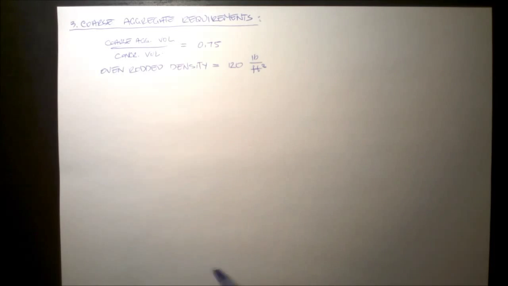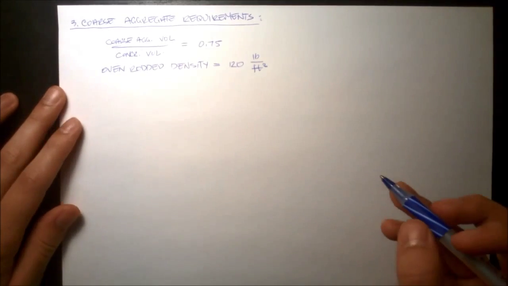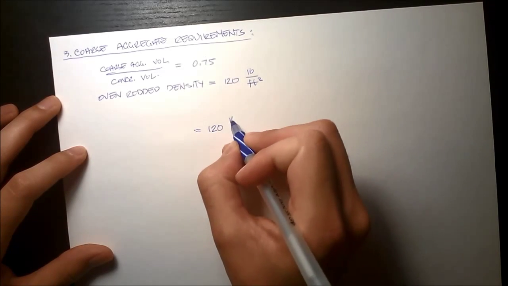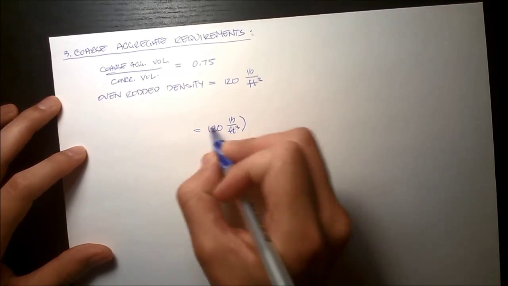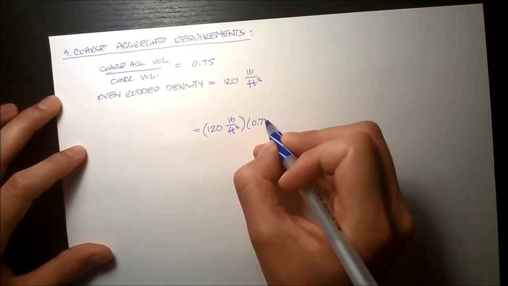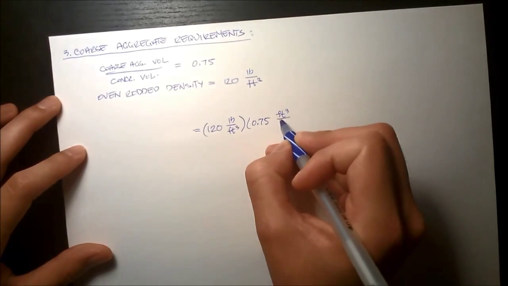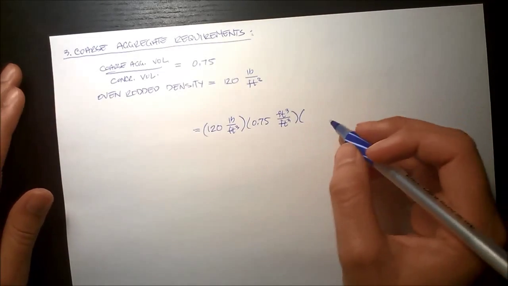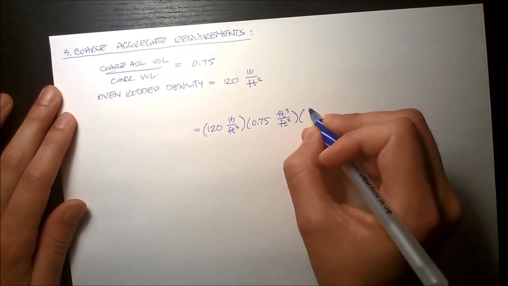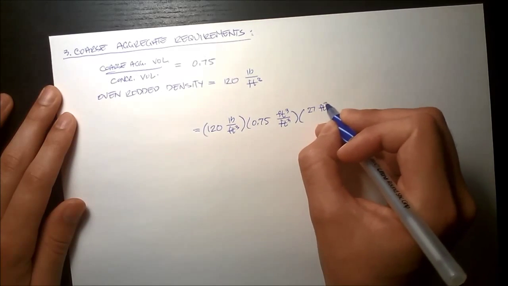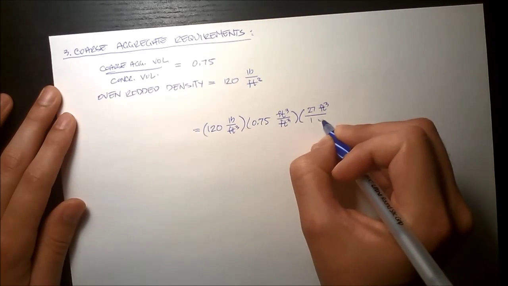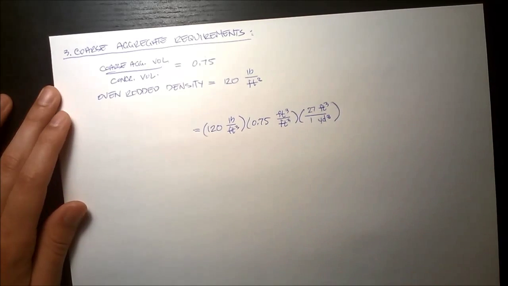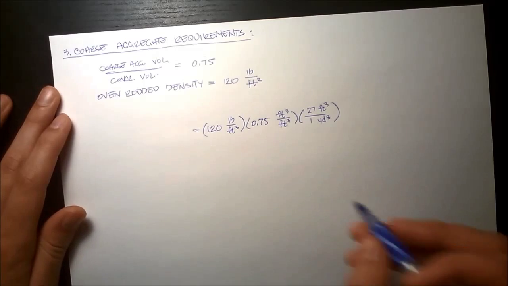It's a pretty straightforward calculation: 120 pounds per cubic foot times 0.75 cubic feet per cubic foot, times a unit conversion of 27 cubic feet per 1 cubic yard.